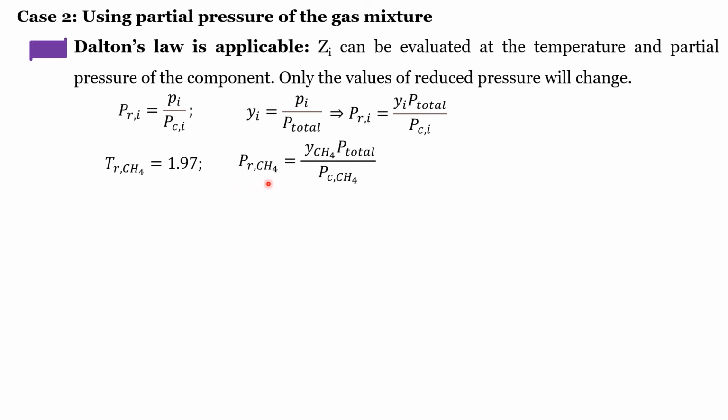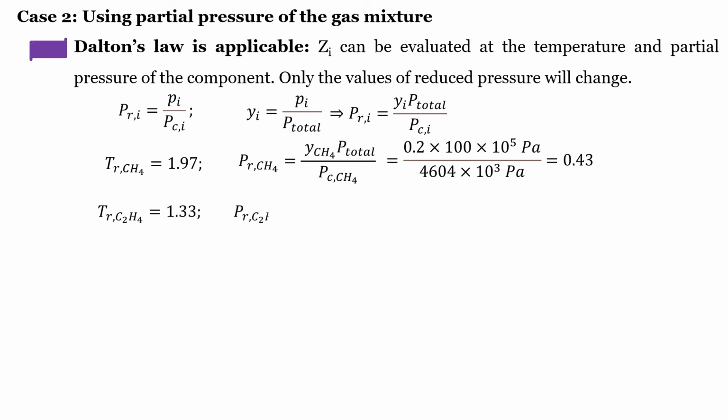So first we will estimate the reduced pressure for CH4. We can write mole fraction of CH4 into total pressure divided by critical pressure of CH4. Now after putting all values we will get 0.43.